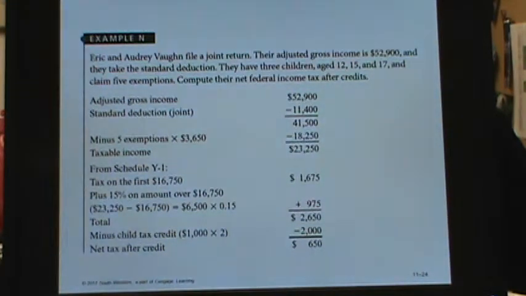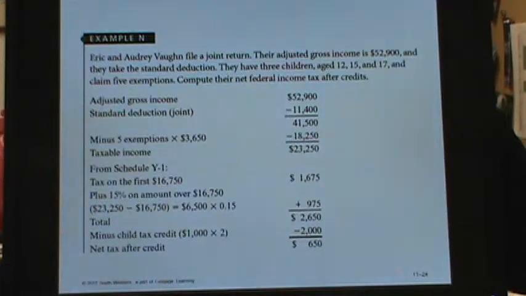Same thing. So example N, we have Eric and Audrey Vaughn. They file a joint return. Their adjusted gross income is $52,900, and they take a standard deduction. They have 3 children, aged 12, 15, and 17, and claim 5 exemptions. Compute their net federal income tax after credit. So they have $52,900.